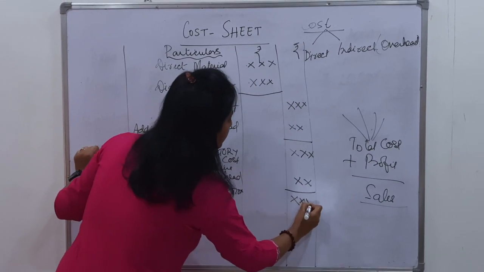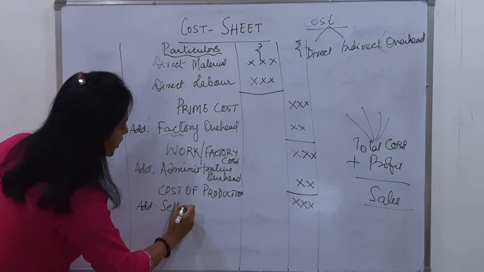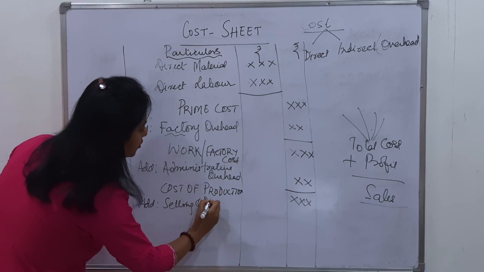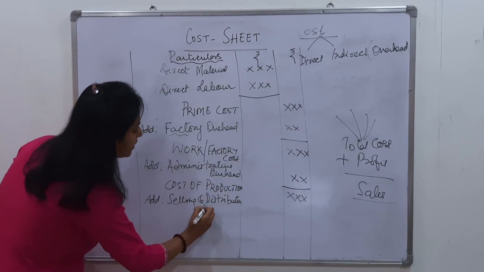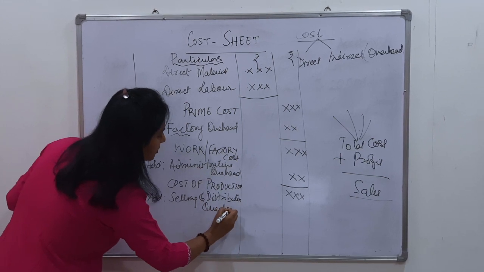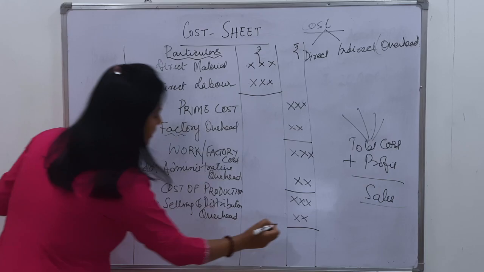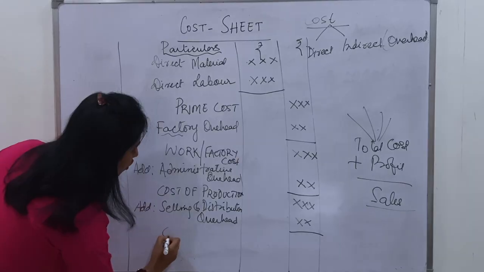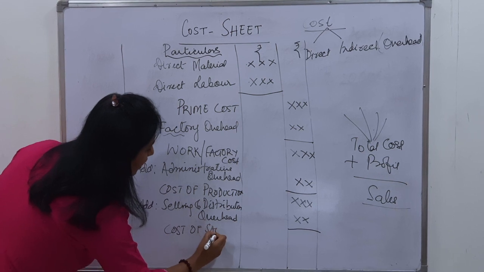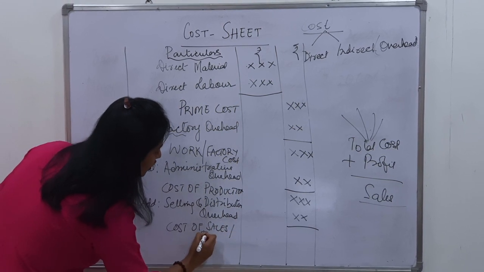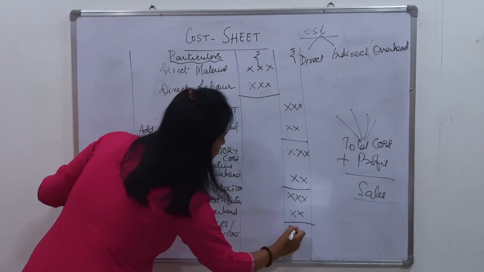With the cost of production I will add selling and distribution overhead. Whatever you have spent on selling and distribution, like advertisements and so on, we add here. After adding, what we get is known as cost of sales, also known as total cost, which the management is interested to know.